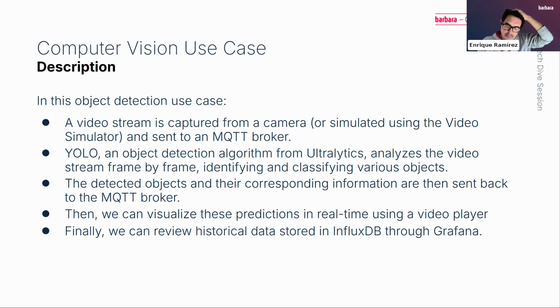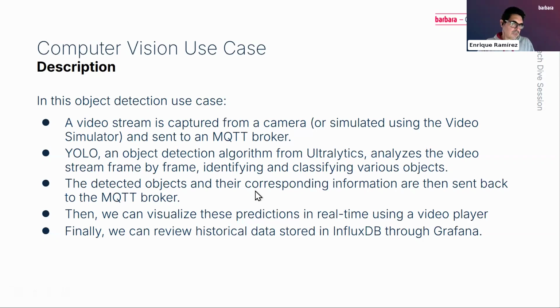Okay, so this AI model is going to generate a new video output and also a telemetry with all the information about all the patterns detected. Okay, both streams, the video and the JSON format telemetry, will be published in a broker, and then we can visualize the video using what we call the video player, and all the telemetry in JSON format will be saved in an Influx database and visualized using a dashboard from Grafana.